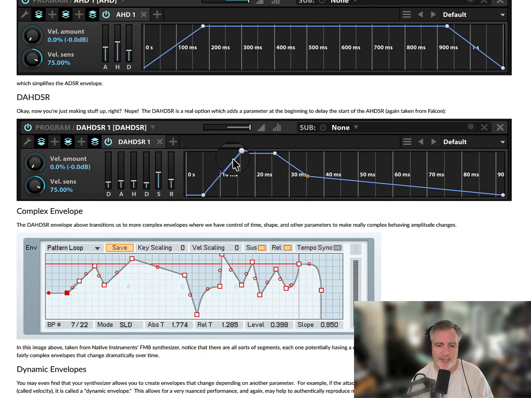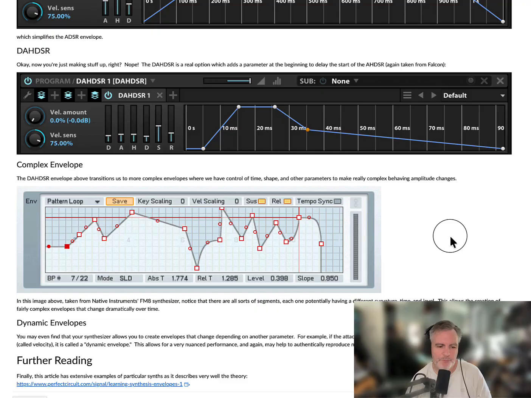We have the attack, we have the hold time, we have the decay time, which is that second D. We have a sustain level where it's just going to stay for as long as I keep the key pressed, or before I send the note off event, and then a release of how long it takes to die away.